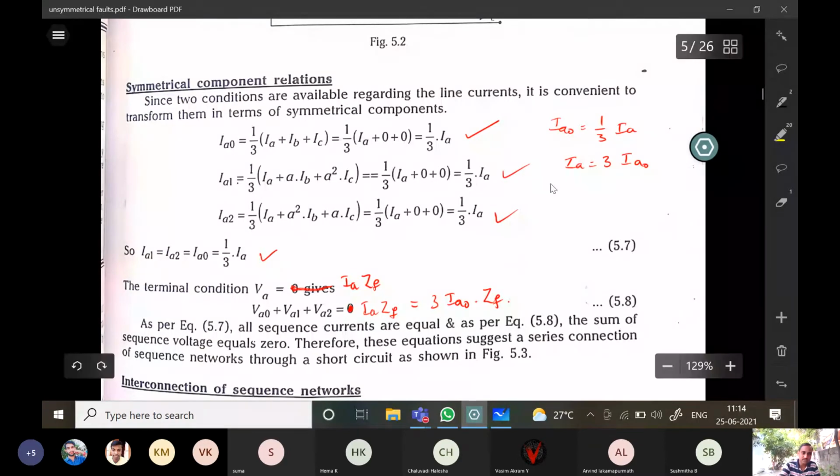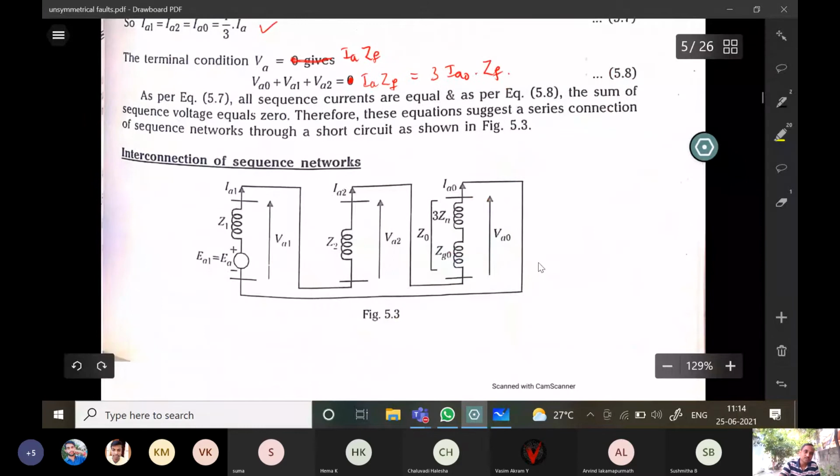So coming to the interconnection of sequence networks, the fault impedance is present here, so we need to write the fault impedance. In positive sequence, negative sequence and zero sequence, everything is the same. Along with this circuit, add ZF. This is 3 times ZF, because the fault current flowing here is called IF. So this will become 3 times ZF.